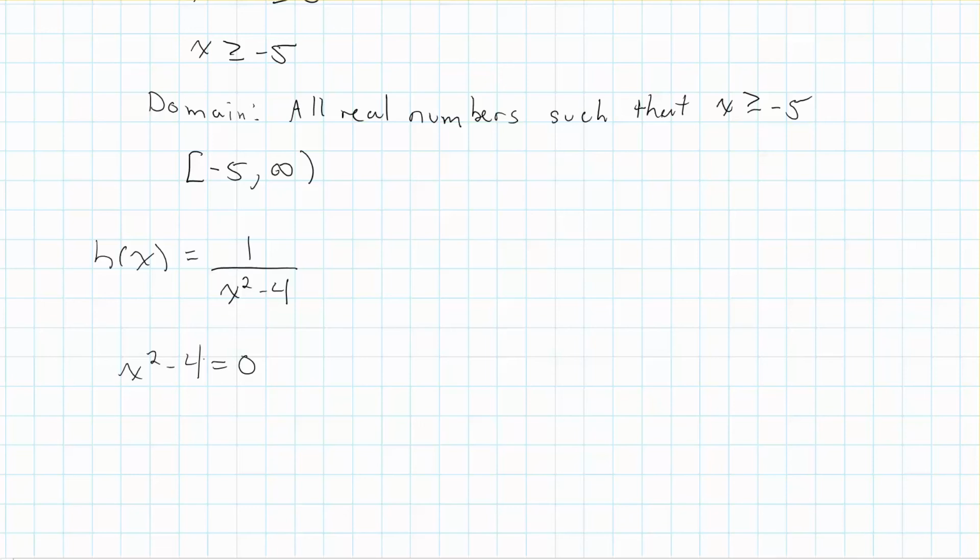Alright, but again, this is easy to solve. I have x squared minus 4, so this is just x minus 2 times x plus 2 equals 0. So I get x is 2 or negative 2. That's what makes my denominator 0.